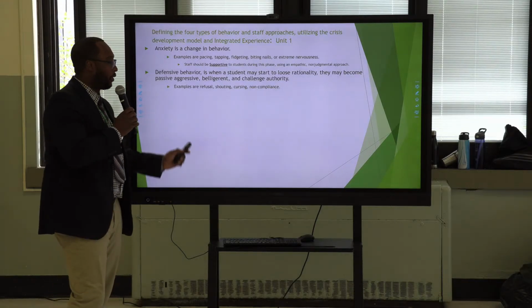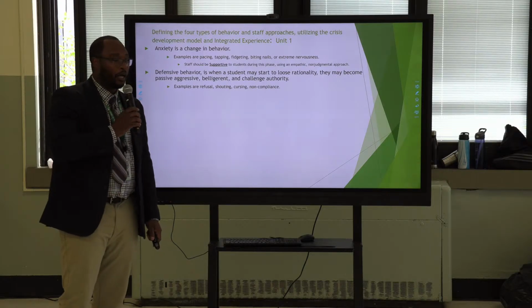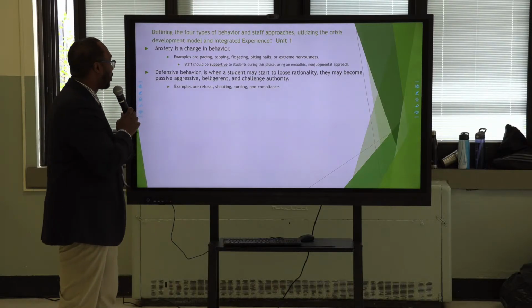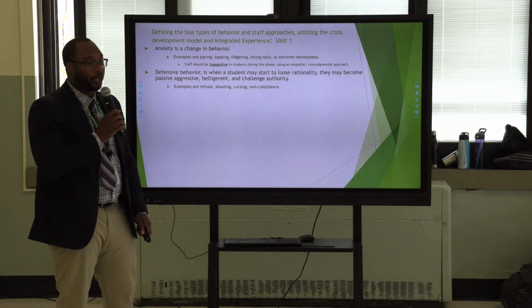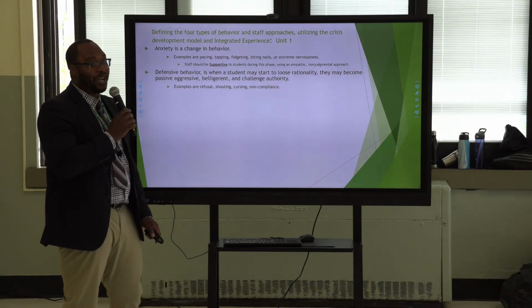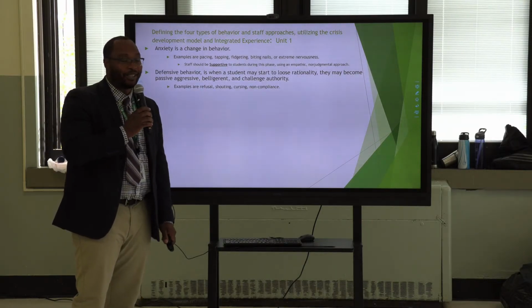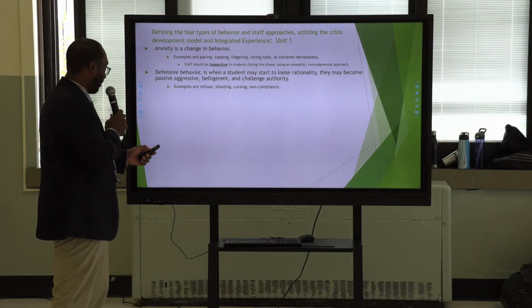Students that have ODD, this is a classic case. They're so good at being defensive that you'll never win a power struggle with a kid with ODD. I've been doing this for 21 years and they're undefeated, okay? They'll have you frustrated, they'll have you wanting to pull your hair out, and they'll just be sitting there, they'll be fine. So how do we deal with students when they're defensive?